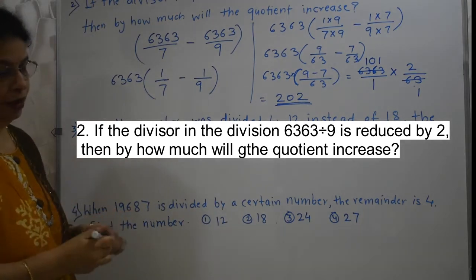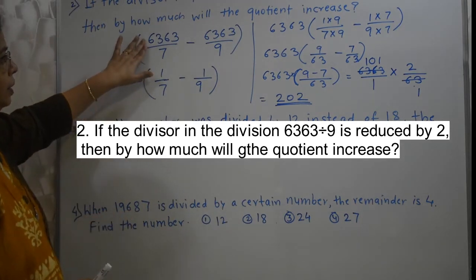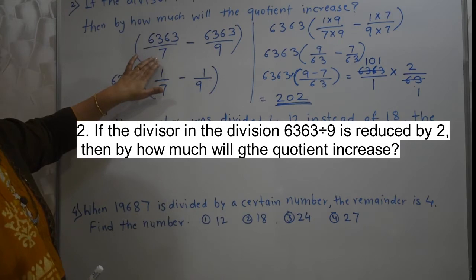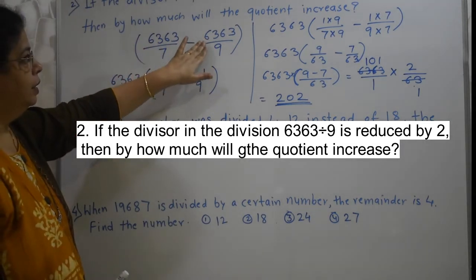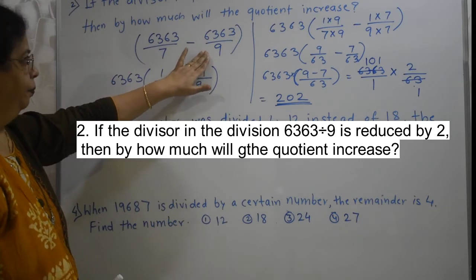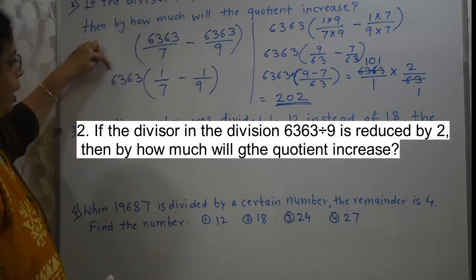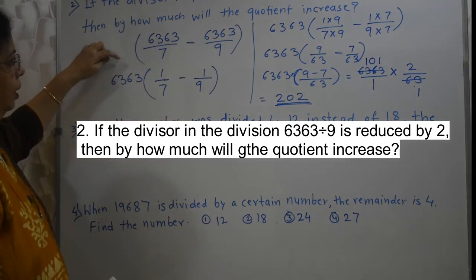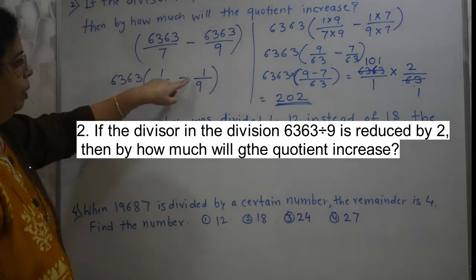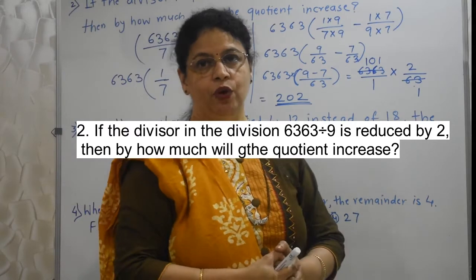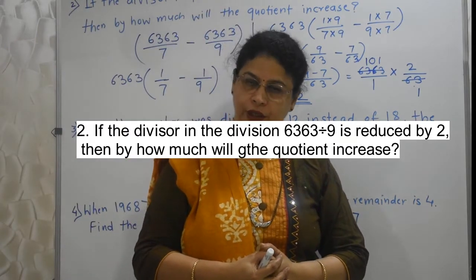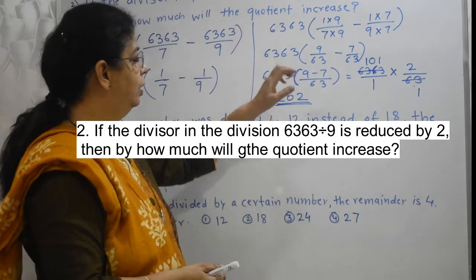202 is the answer. See what I have done? I will repeat. 6363 upon 7, because this is going to be bigger than this, so I have written this first, minus 6363 upon 9. Since it was common, I removed it outside. Then what was remaining? 1 upon 7 minus 1 upon 9. Then I found out the LCM. As they were co-primes, the LCM was their product, that is the multiplication, so it is 63.